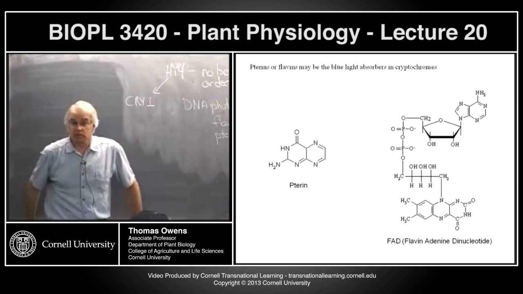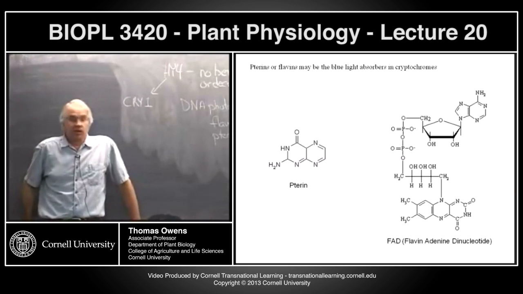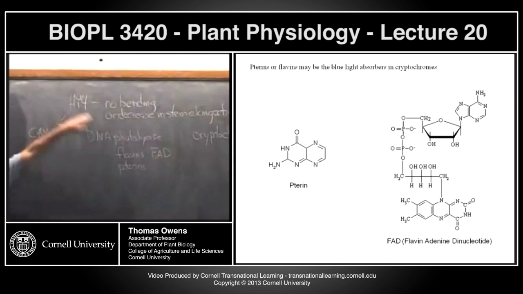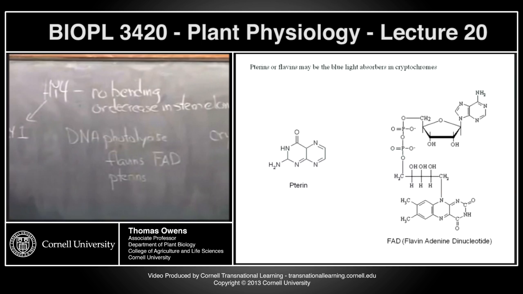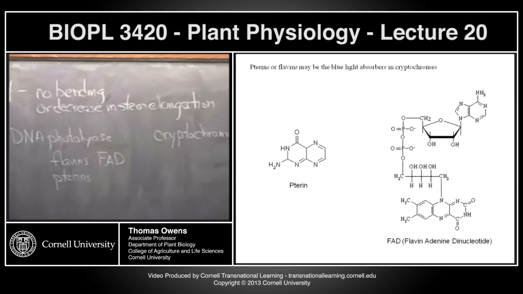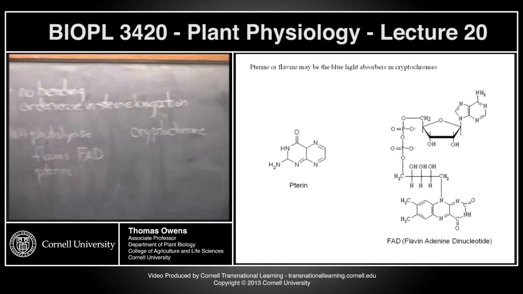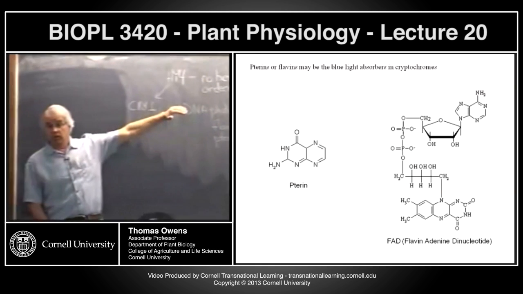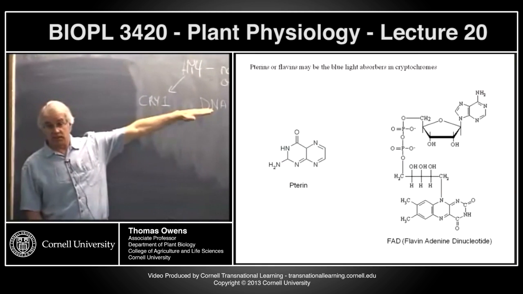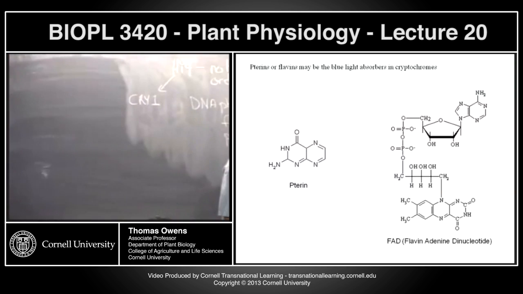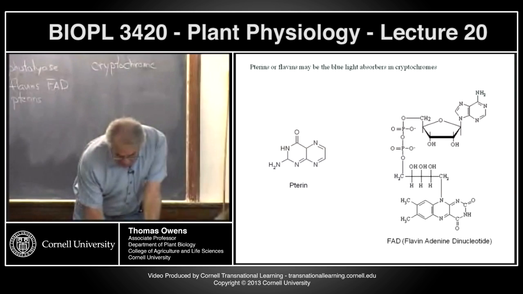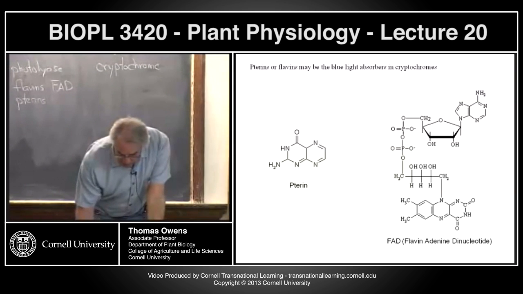Same mutation. They just changed the name because they wanted to distinguish the hy4 mutant that affects a blue light receptor from the hy1 mutant that affects a red light receptor. So now it's called Cry1. It encodes the same protein. It's the same gene. So it has similarity to the DNA photolyase.